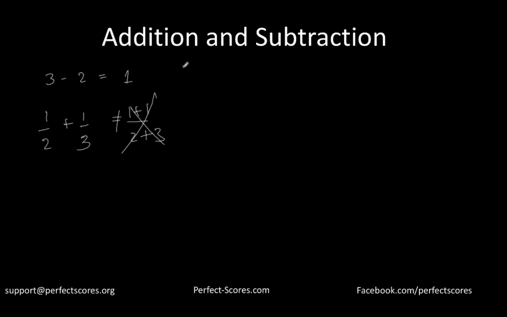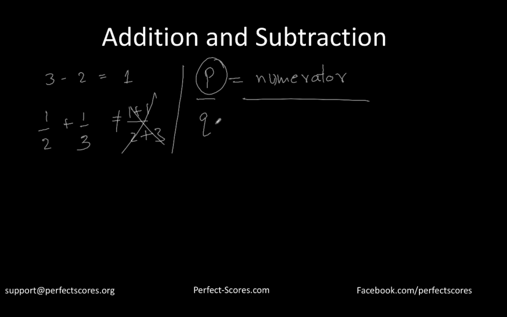Just to let you know, if you have a fraction P over Q, the top part of the fraction is called the numerator, and the bottom part is called the denominator. I'll be talking about numerators and denominators in the whole video. So you can't just add the numerators or the denominators to get the fraction.